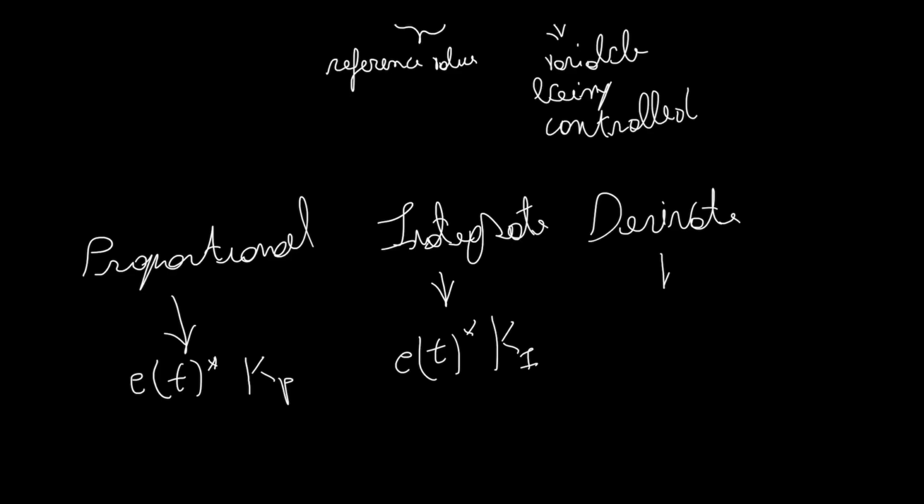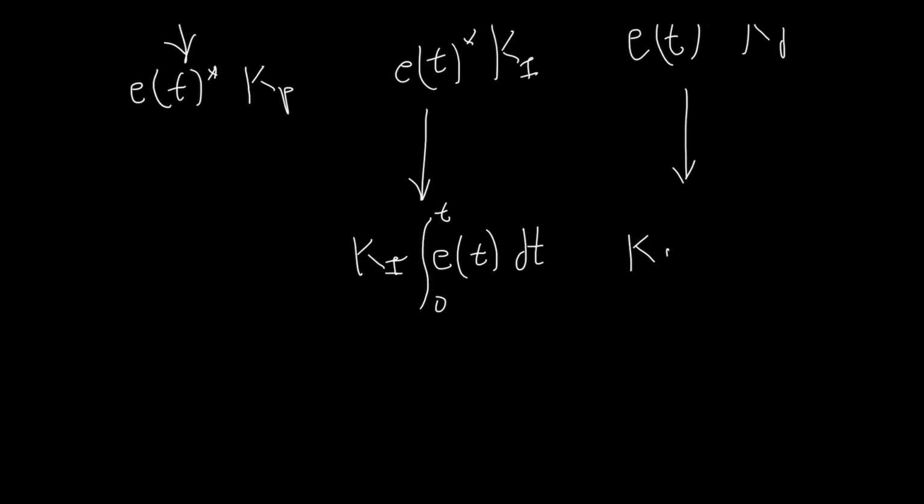The derivative D: since the integral controller does not have the ability to predict the future behavior of the error, it reacts normally once the set point has been changed. The derivative solves this problem by anticipating the future behavior of the error.